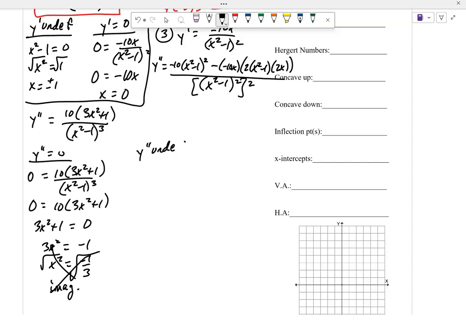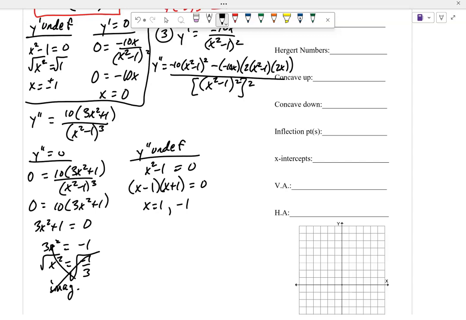Whereas y double prime is undefined anywhere where x squared minus 1 equals 0. So I either factor that or add 1 to both sides and square root both sides. You end up with 1 and negative 1.